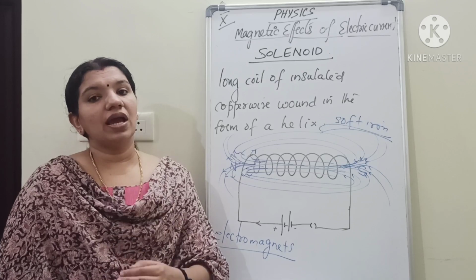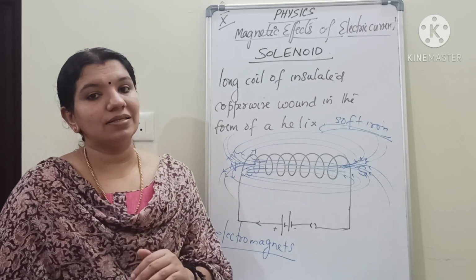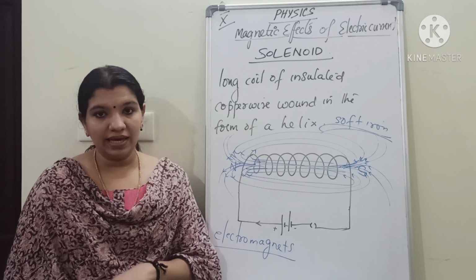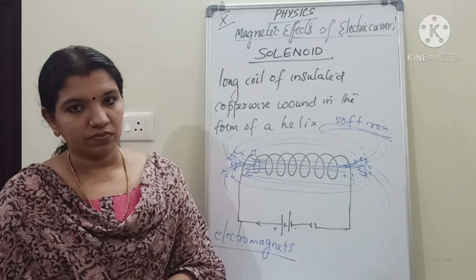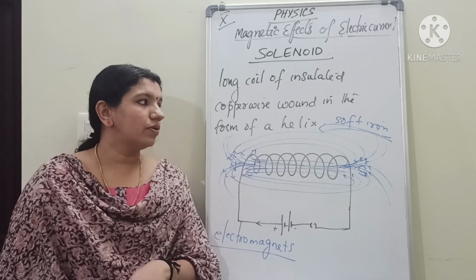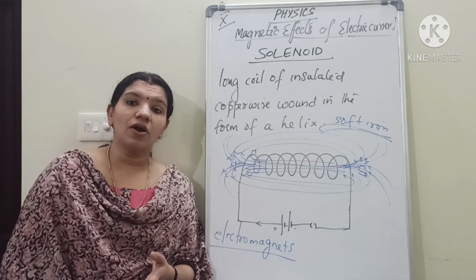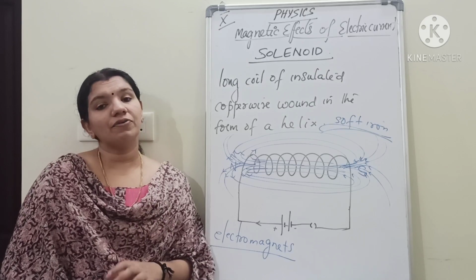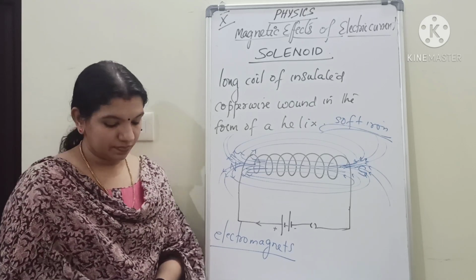That is why we choose soft iron instead of steel. Clear? That is also a very good question. Okay. Now we will move to the uses of electromagnets.